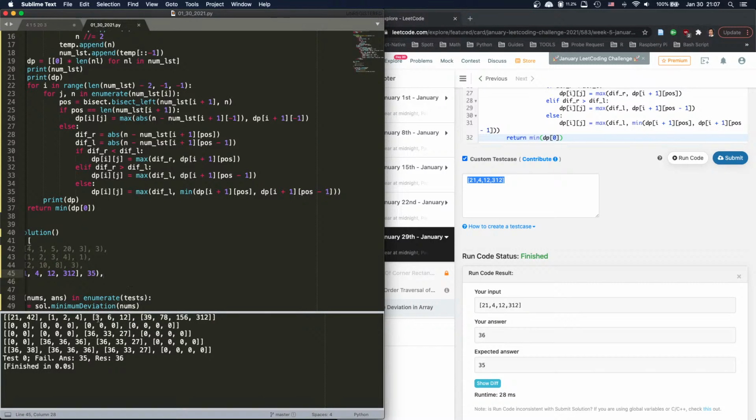And then from the smallest, we can find the smallest difference. But it is possible that for the numbers here, when we get the smallest, we need to know if this one needs to get updated. And how do we know it's going to get updated based on this level? What if we have many levels?